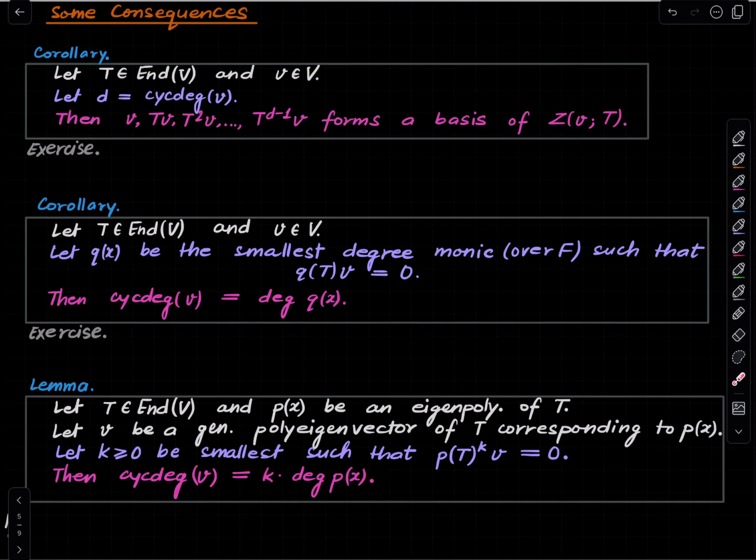Okay. And if you look at the recall, using the recall, it is immediate that we know that the dimension of the cyclic subspace generated by v is k times the degree of the eigenpolynomial.